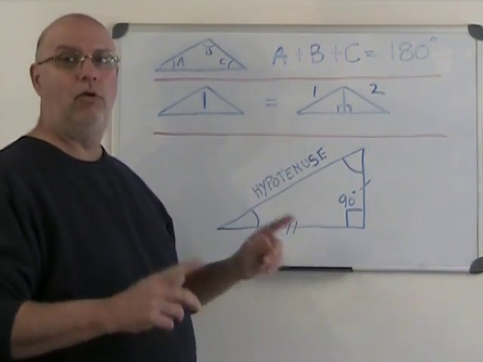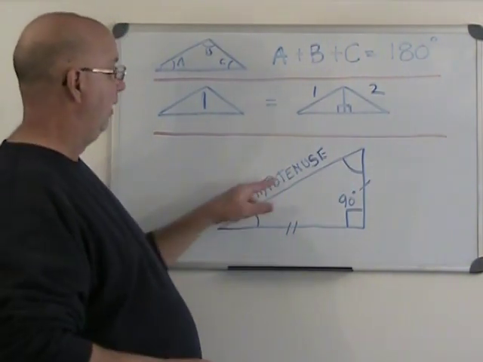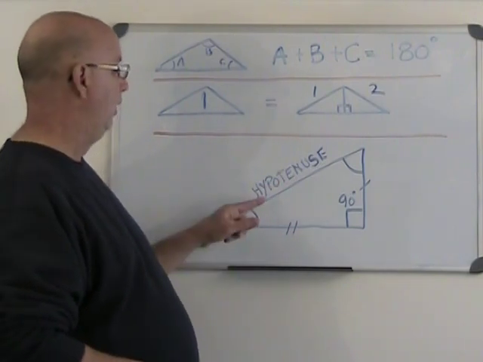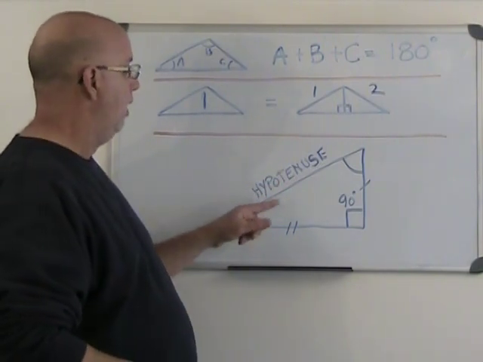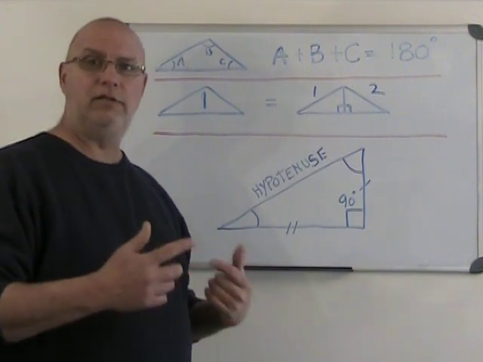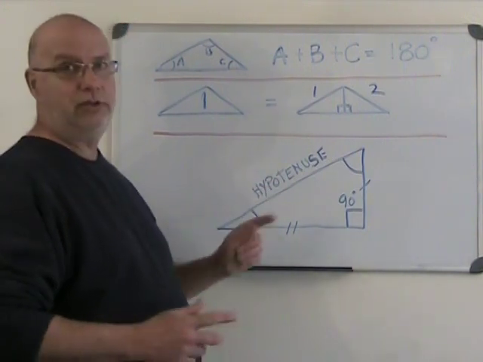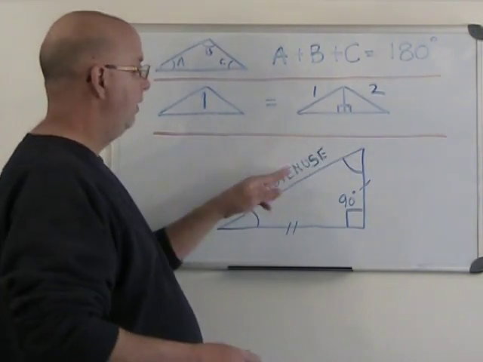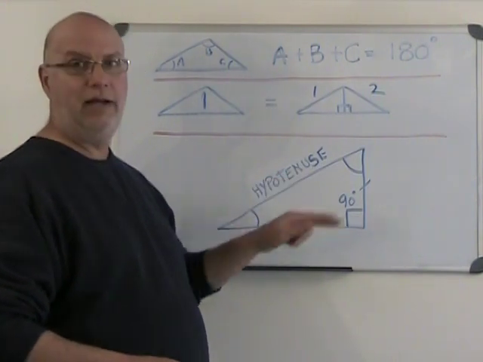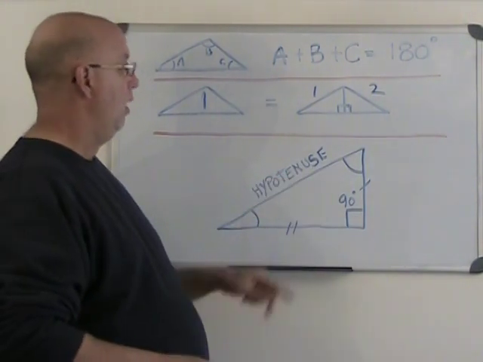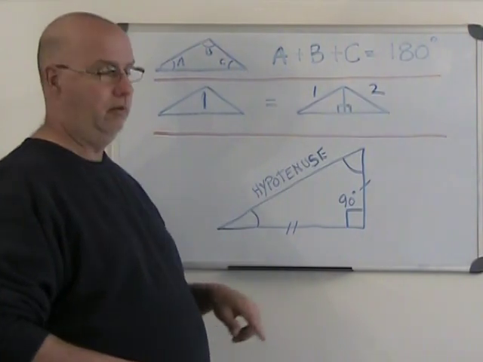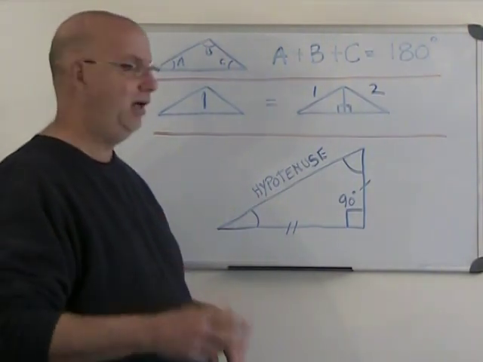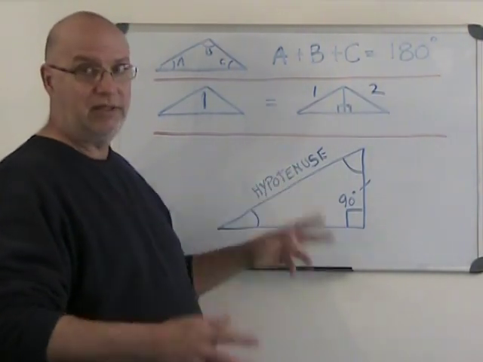It's important to know which is the hypotenuse. It's not always written on your drawing, or it never is actually. But the hypotenuse is the longest of the 3, and it's always the side opposite the 90 degree corner. The 2 other sides are just sides.